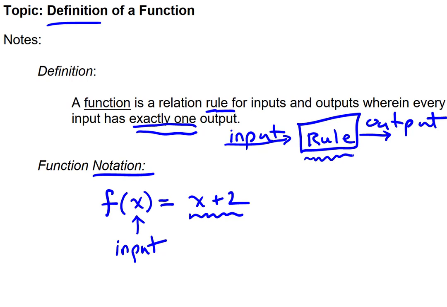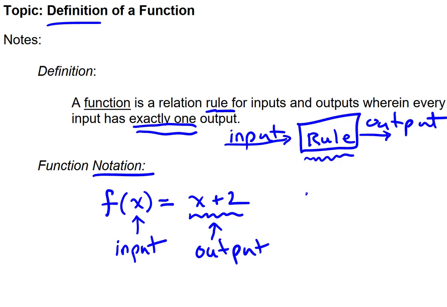And so the input is x, which could stay a variable or it could turn into a number. When you plug that value in for x in the rule, this rule says just add 2 to it. And then the result you get is what we would call the output. So the output will depend on the input and give you different answers for different inputs.